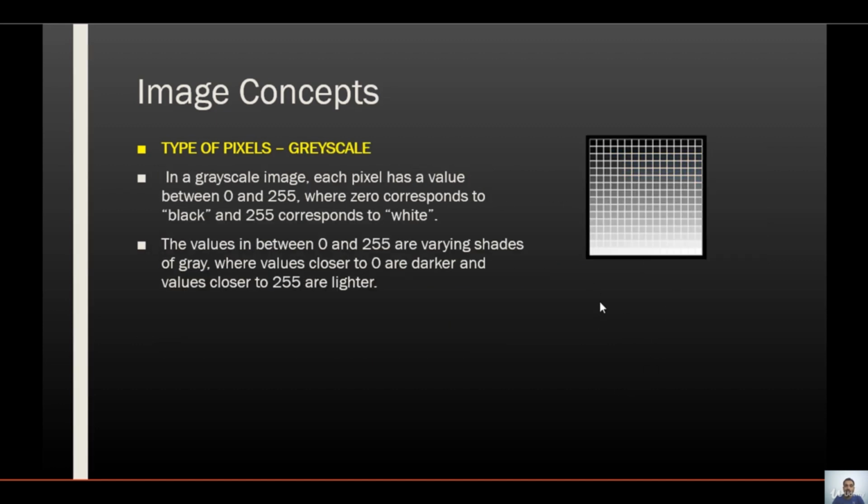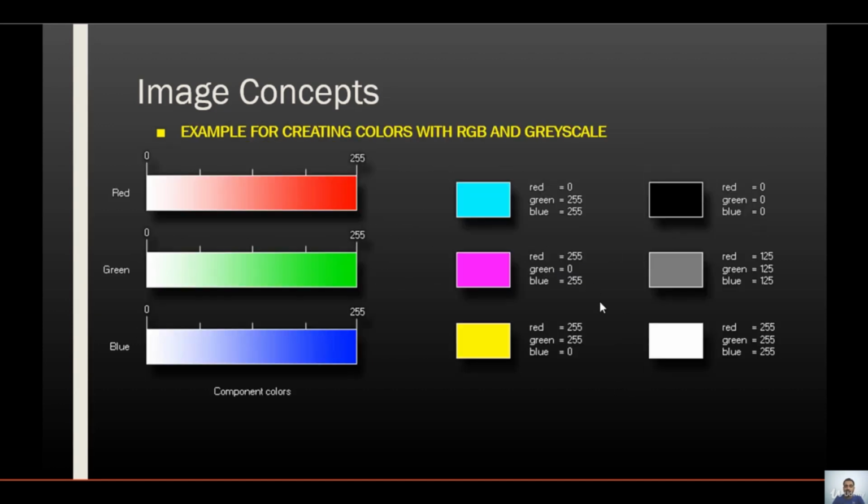For example, we have three basic colors here: red, all the way from 0, which is no red color, to full red color, and green, which goes from 0 to full green, and blue, which goes from 0 blue to full blue. And here you can see this color, the cyan color, is generated by combining green and blue.